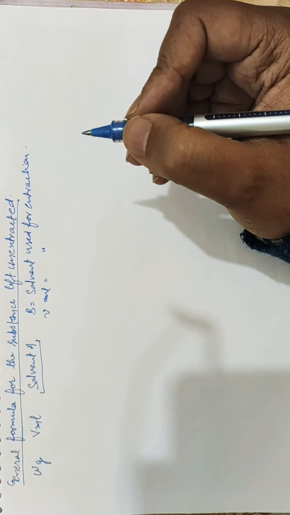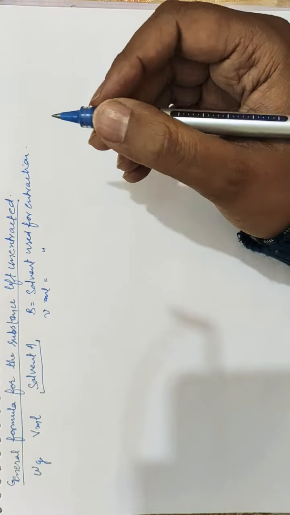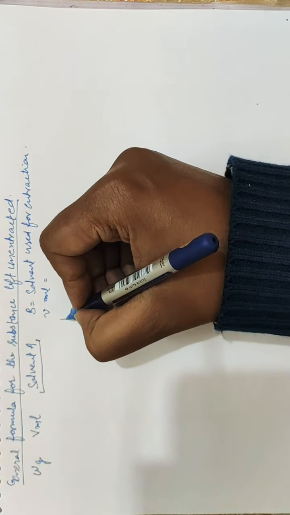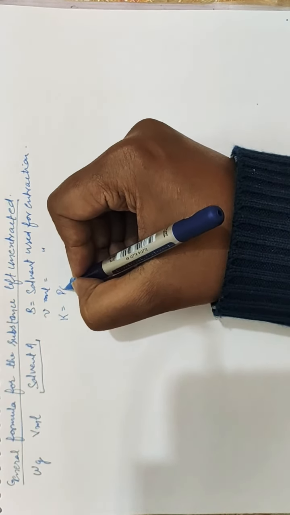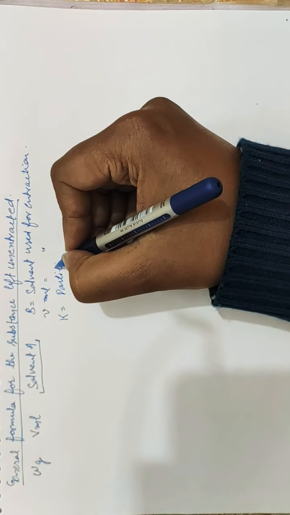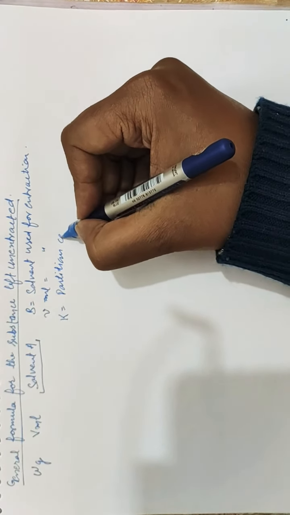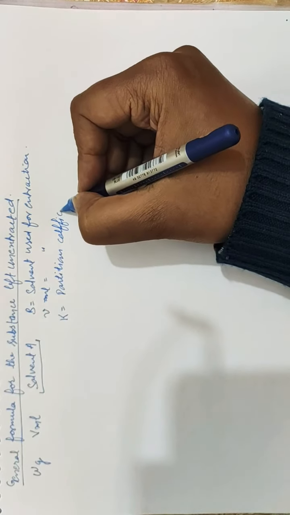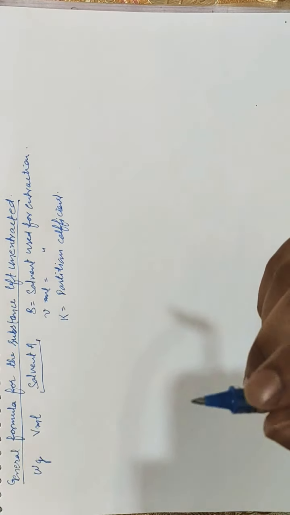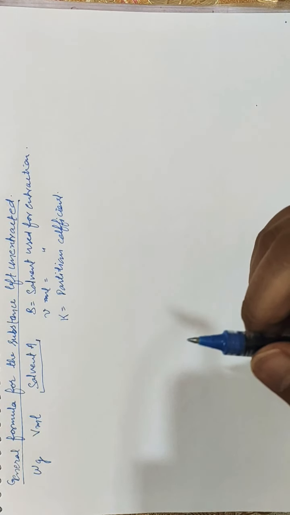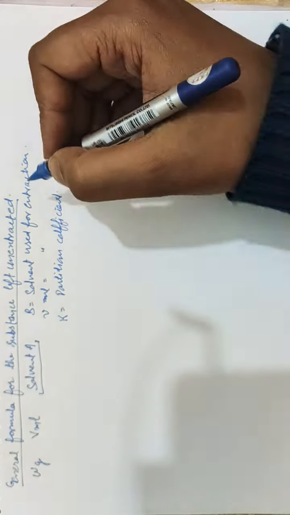So K is the partition coefficient of the substance between solvents A and B, and K is, as always, the partition coefficient.